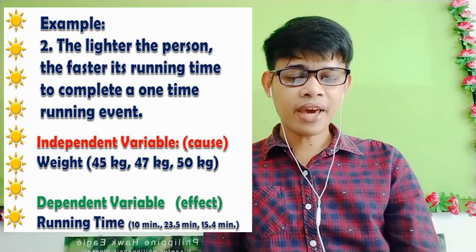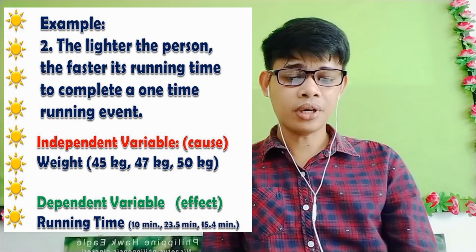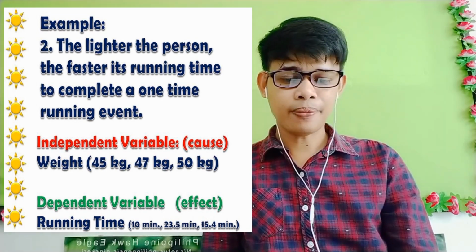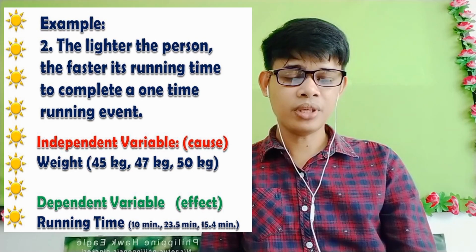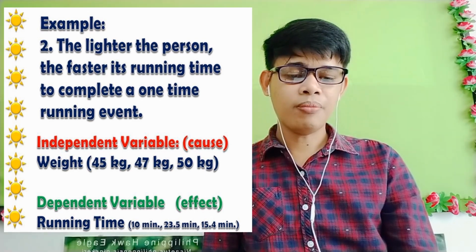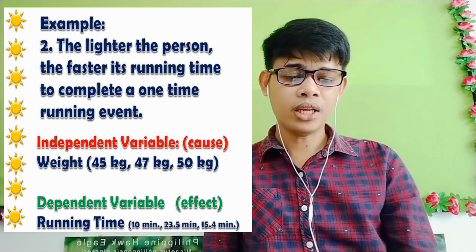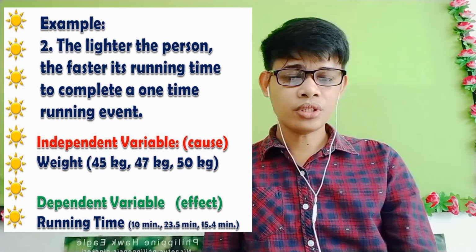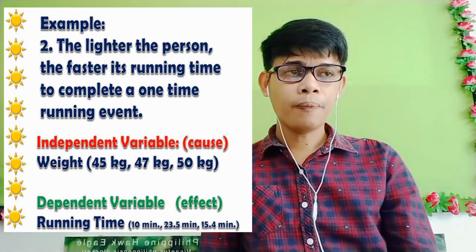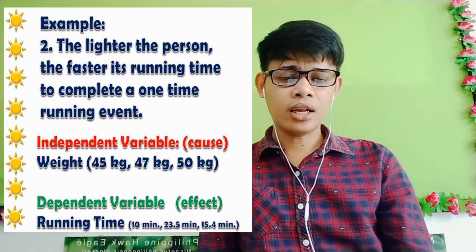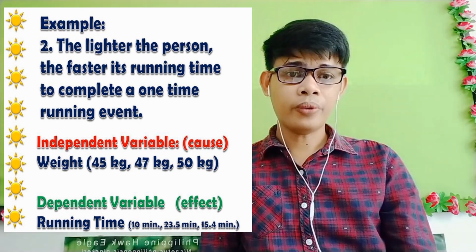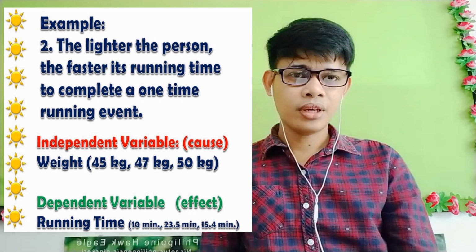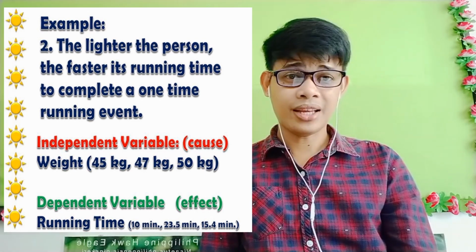While the effect, the dependent variable, is the running time. Okay, running time, which could be 10 minutes, 23.5 minutes, or 15.4 minutes. So meaning to say, in this research, if you have a lower weight, you can have a faster running time.